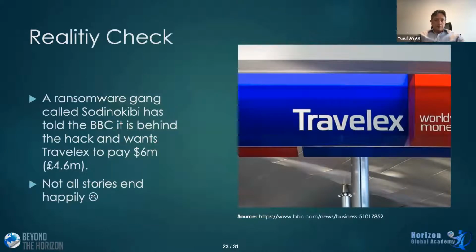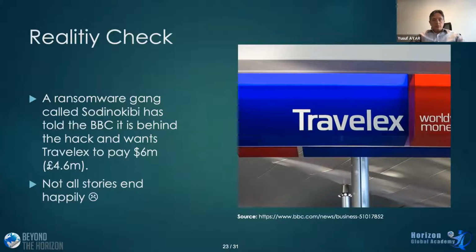Another example of ransomware: in the summer of 2019, the London-based foreign currency exchange Travelex was hit by ransomware. This attack encrypted its network and stole 5 gigabytes of documents. The attackers demanded Travelex pay $6 million to restore its systems and prevent the stolen data from being leaked online.